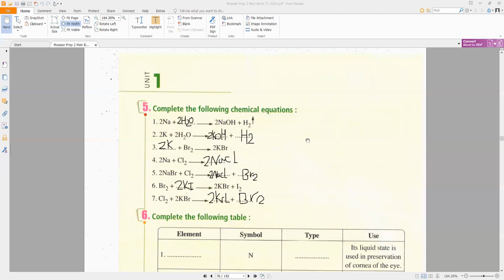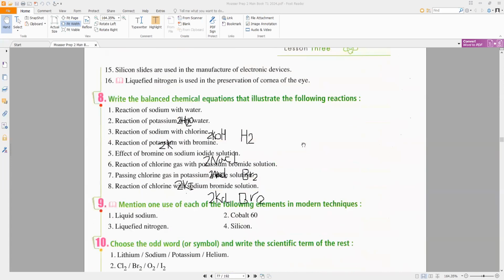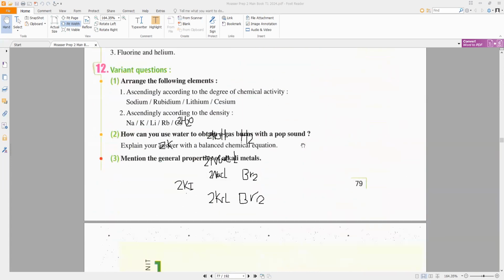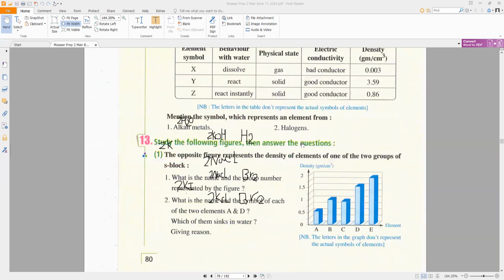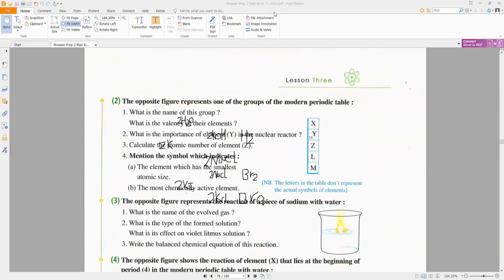Please answer the question or the equation. You will answer this question also.